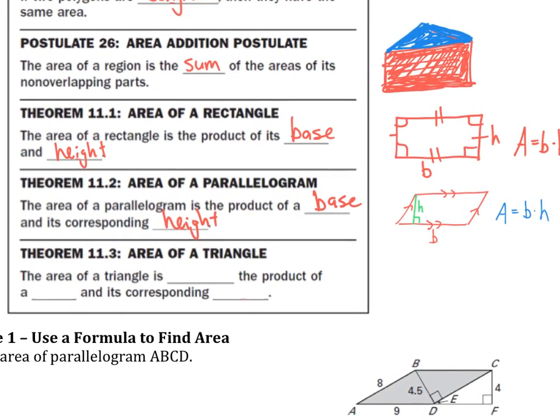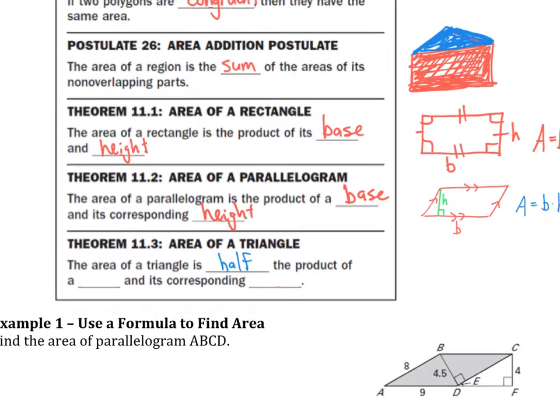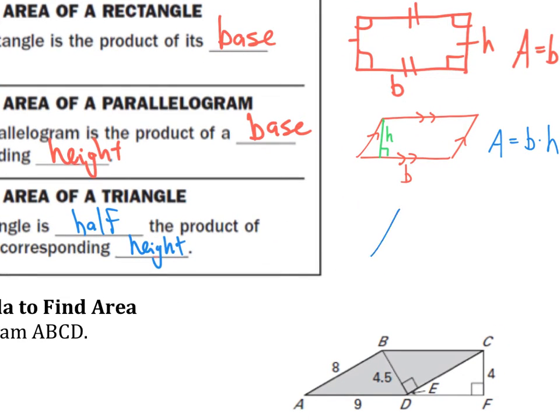Okay, and then lastly, the area of a triangle is half the product of the base and its corresponding height. So in our triangle, there's going to be a base, and the corresponding height is the perpendicular distance.